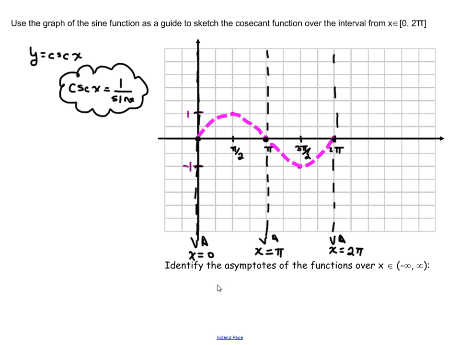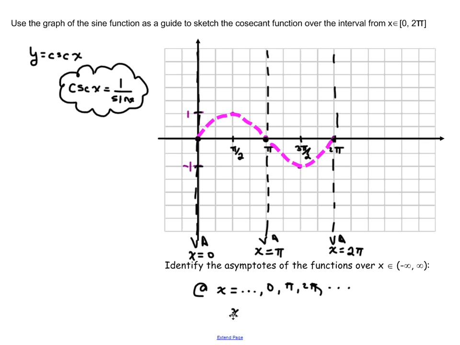And if we follow along this pattern, vertical asymptotes will occur at numbers like x equals 0, pi, 2 pi, and so on.